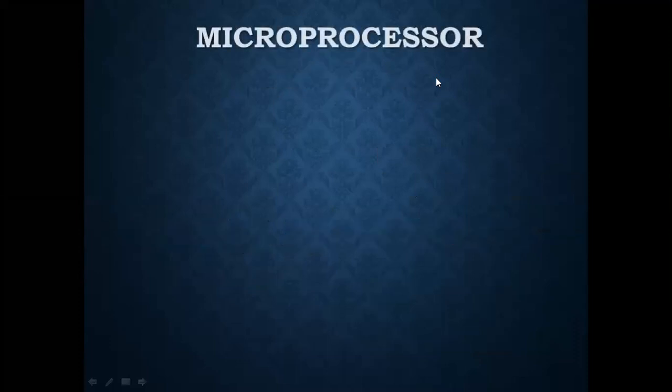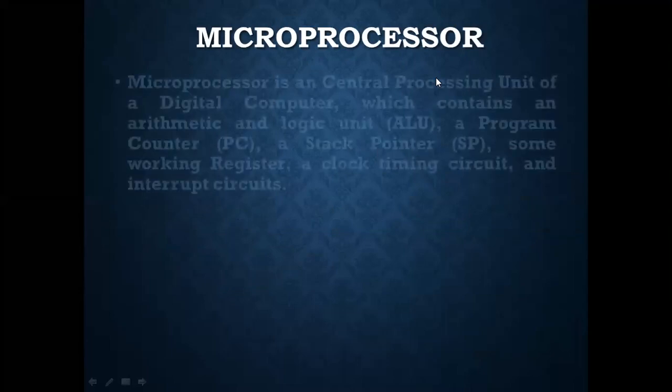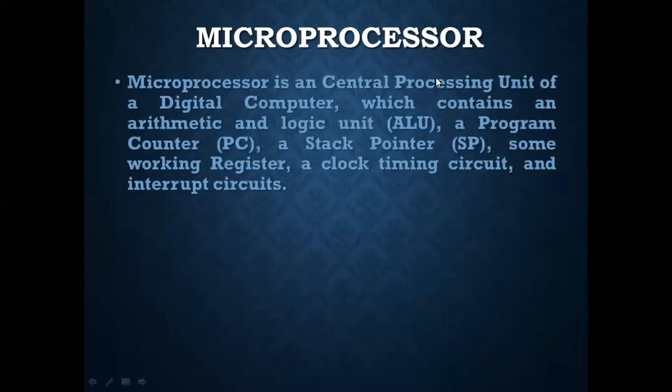Going forward with the architecture, first we will just summarize the microprocessor. What was in the microprocessor? The microprocessor has a central processing unit, or in short, the CPU.